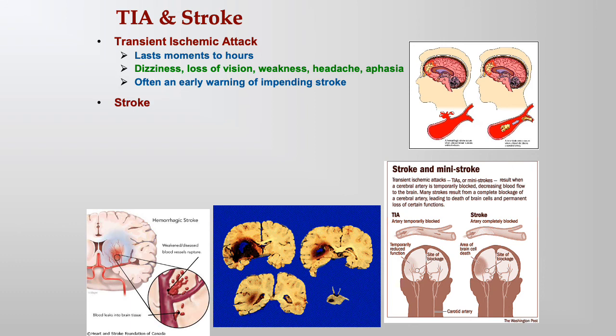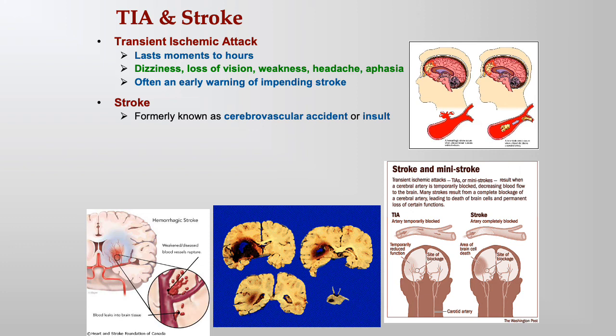So that part of the brain then starts not working correctly. Dizziness, loss of vision, weakness. You get the spots in front of your eyes, headache, aphasia, suddenly you can't talk. This is often an early warning sign of impending stroke because what it means is that you've got an artery that's partially clogged and you're having these TIAs. If things get worse, the artery may get completely clogged and then blood can't flow through, and then we get to the next thing, which is stroke.